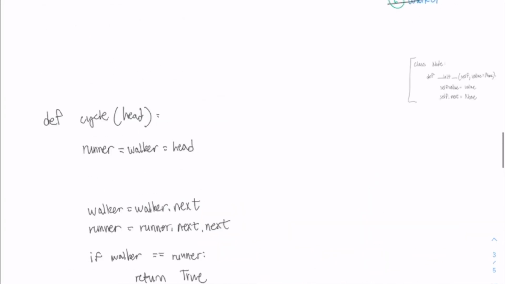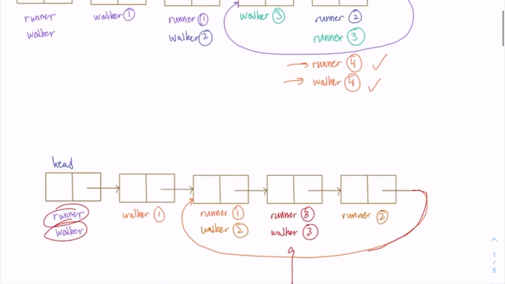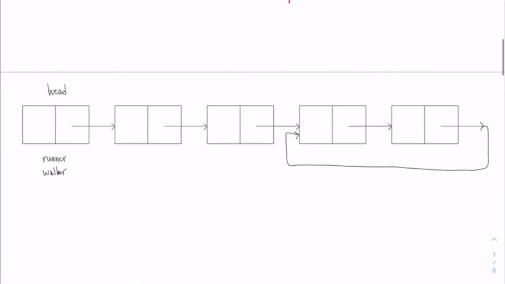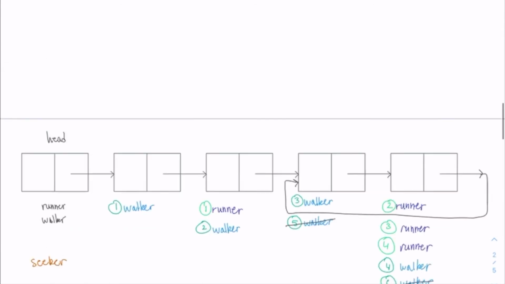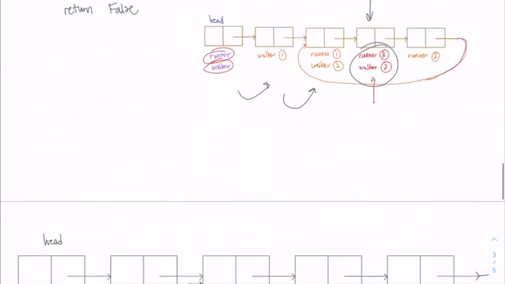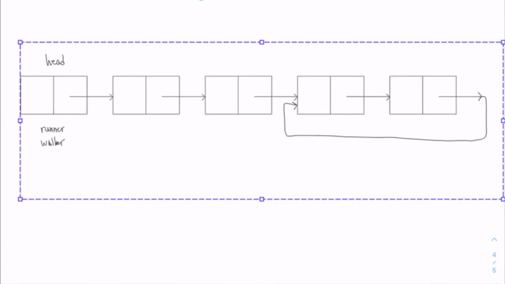Now, you might think we're done with this cycle statement, but we have to deal with the edge case where the linked list has no cycle. So say that we have a linked list, and let me copy and paste this. Do it right here.